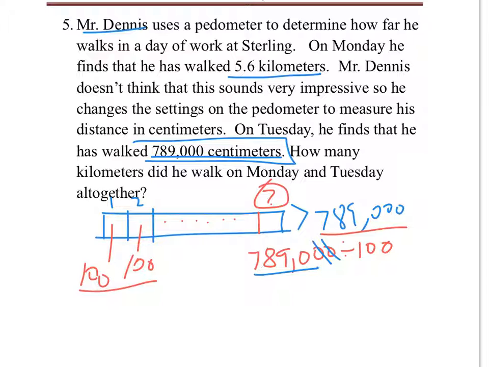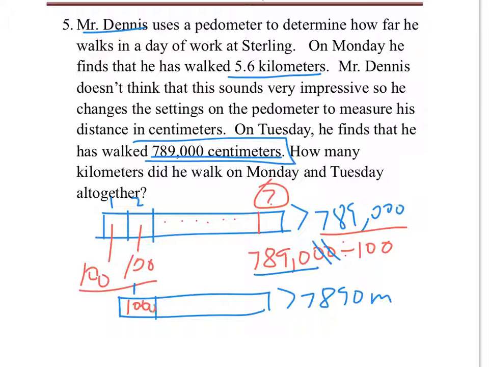So now we say, okay, I know how many meters I have. 7,890 meters. And now I want to make kilometers. So here's the first kilometer, and the first kilometer has 1,000, and the next kilometer has 1,000. And the question is, how many altogether? So now we divide by 1,000.